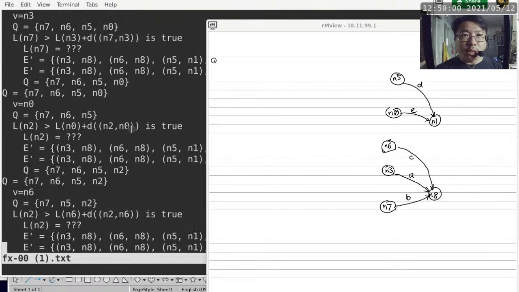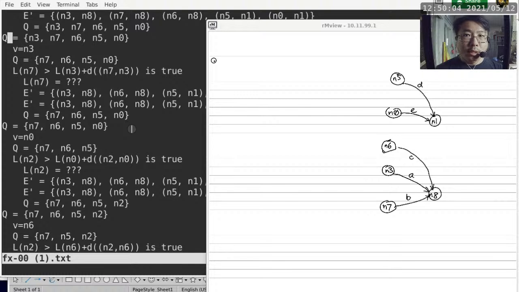As we proceed, where my text cursor is located, out of these five, none of them is a destination vertex anymore. So potentially they're all non-zero L values, and we chose the one of N3.